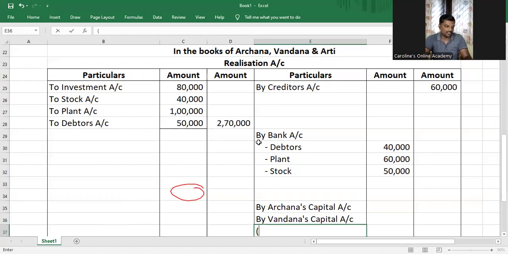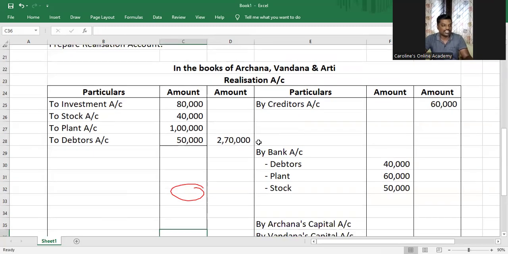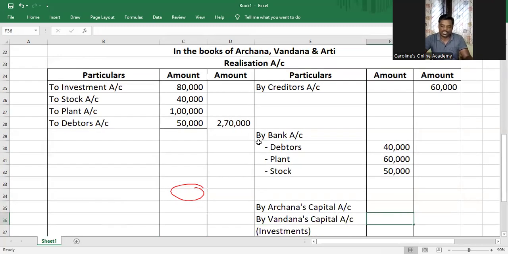Both of these were related to investments. We know that the question says that 25% of the investments are taken over by Vandana at 18,000. So Vandana took over the investment at 18,000. I'm just going to write 18,000 in the outer column. And Archana, we just computed it to be 54,000. Am I right or not, my dear children?